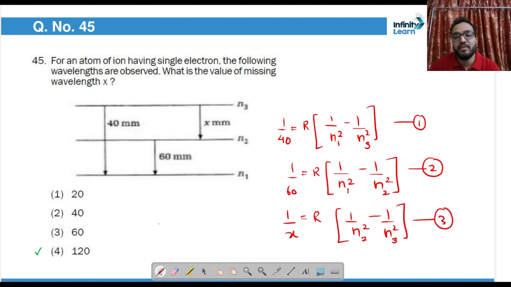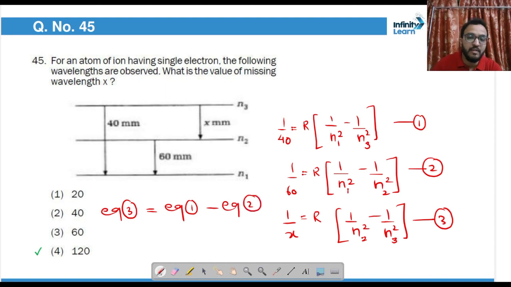So how we can get equation 3? We see that equation 3 is nothing but equal to equation number 1 minus equation number 2. So 1 by 40 minus 1 by 60. Answer will be 120. Okay. So ultimately you will say 1 by 40 minus 1 by 60 is 1 by x.